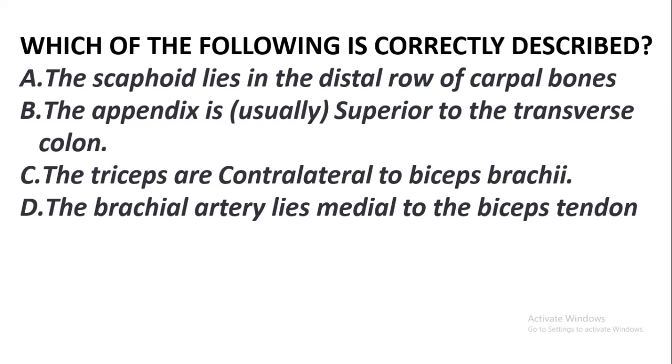One thing you need to understand is that you need to be very careful when using these terms. The first one, the scaphoid lies in the distal row of carpal bones, is wrong because the scaphoid is in the proximal row of carpal bones.